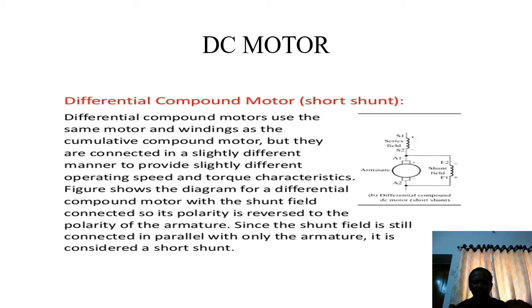In the diagram, the shunt field is connected so that its polarity is reversed to the polarity of the armature. The shunt field is still connected in parallel with only the armature. It is considered a short shunt.